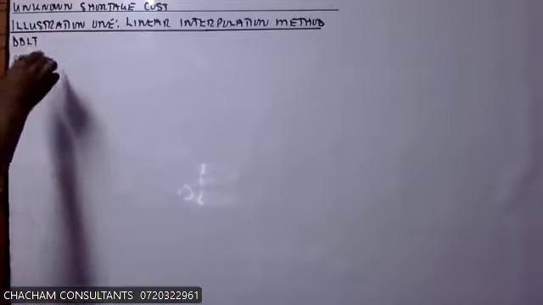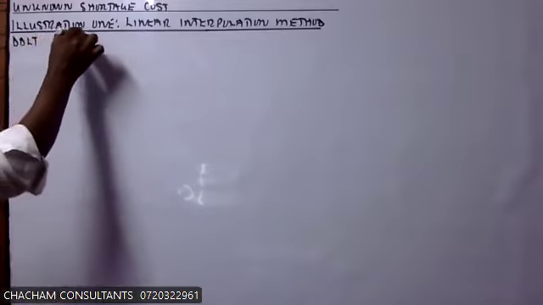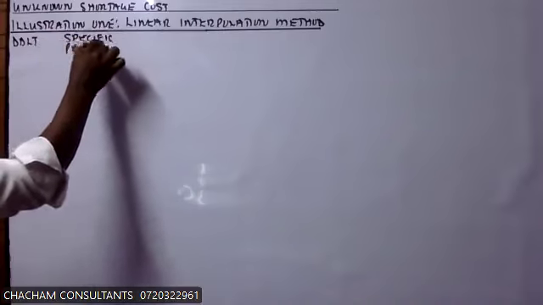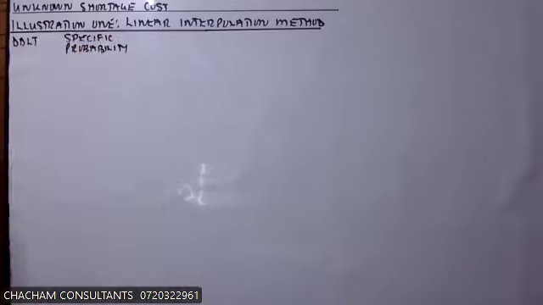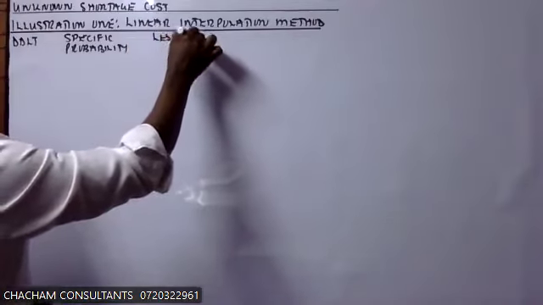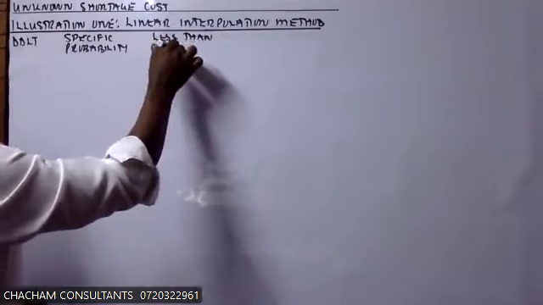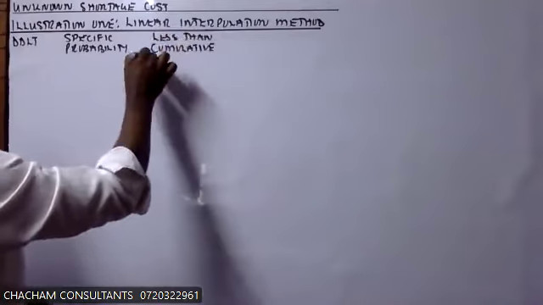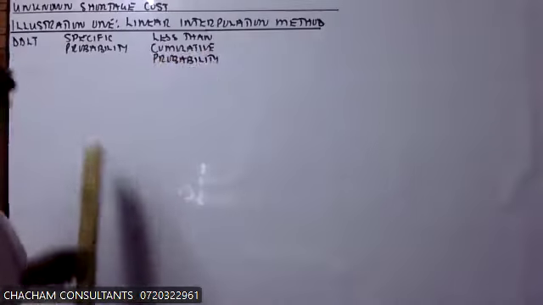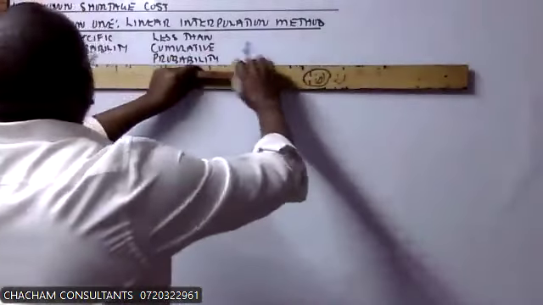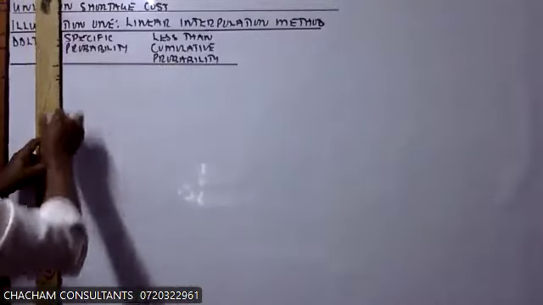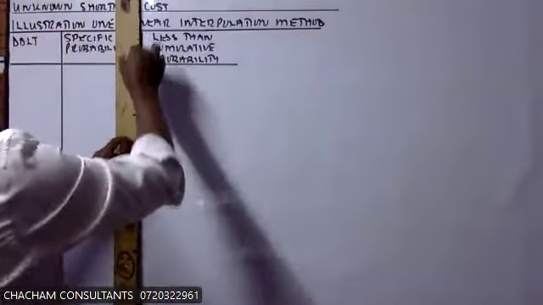Then you get what we call the specific probability, or the marginal probability. Then you get what we call less than cumulative probability.